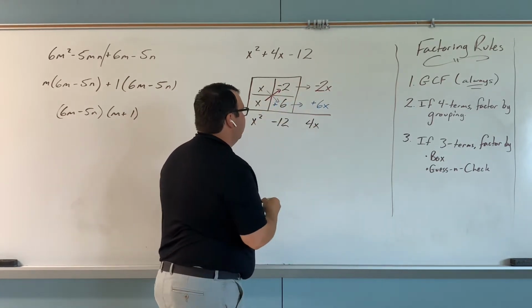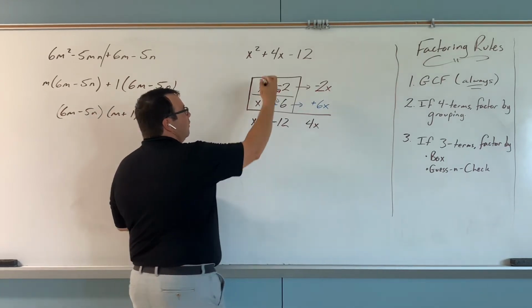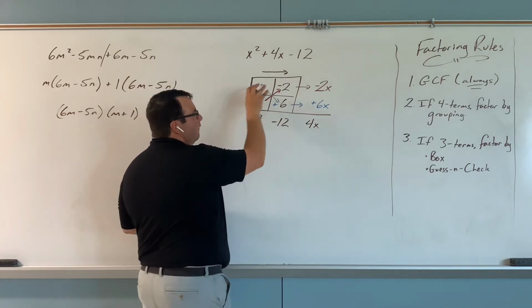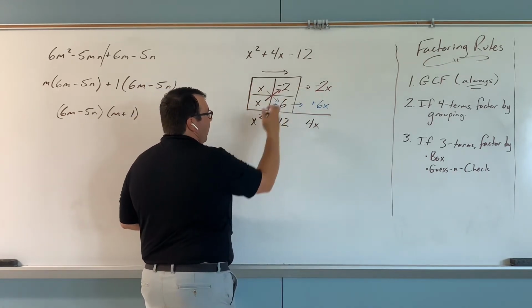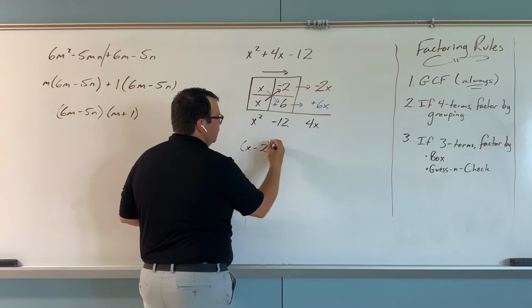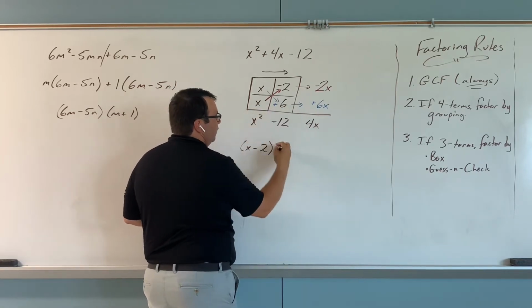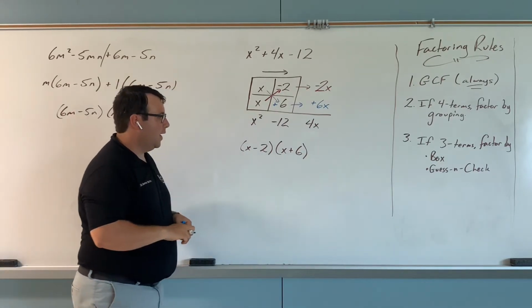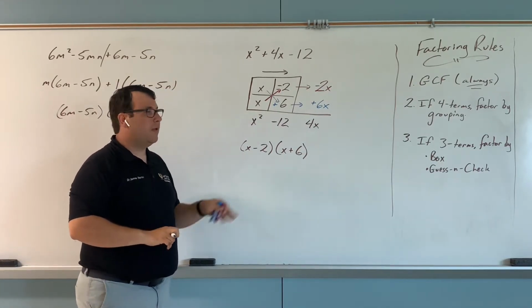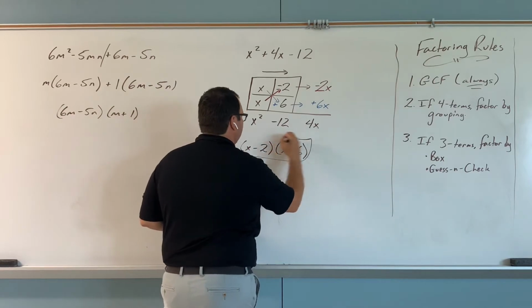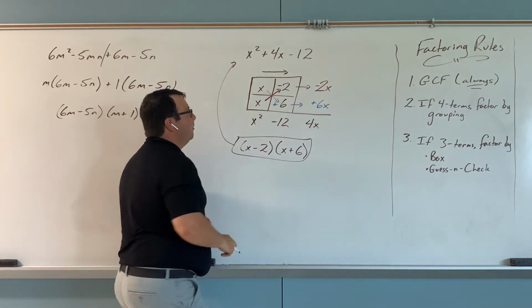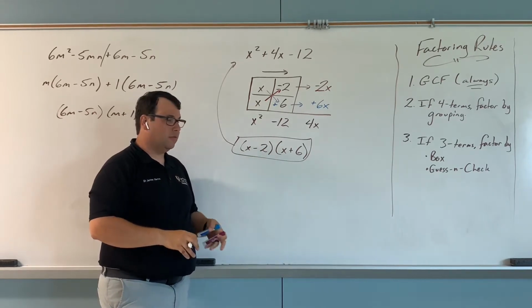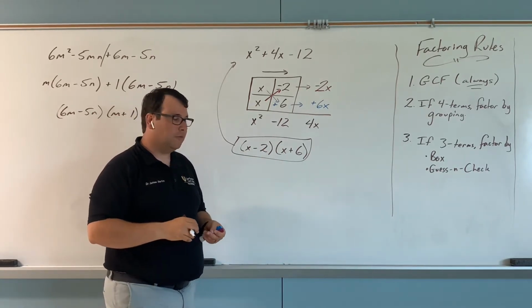And what that means is if I read this box line by line, left to right, I have x minus 2, x plus 6. And this is my factored form of that problem. So I have x minus 2 times x plus 6, and that is the factored form.